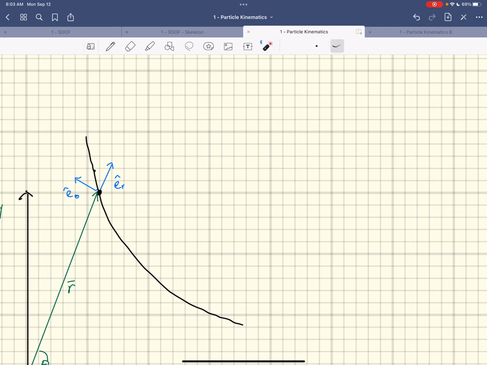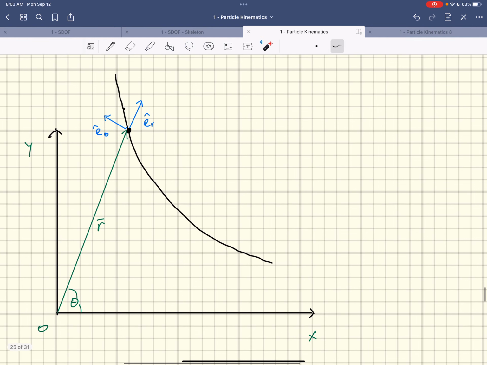All e_r is, is just a continuation of r. r goes along like this, and then e_r points in the direction of r, so it just keeps going in that same direction. And then e_theta is perpendicular to that. If I was down in a different location down here, then e_r would be pointed out this way, and e_theta would be this way.